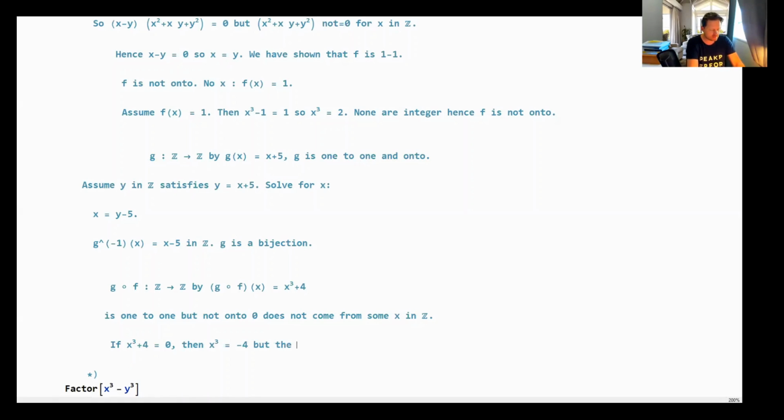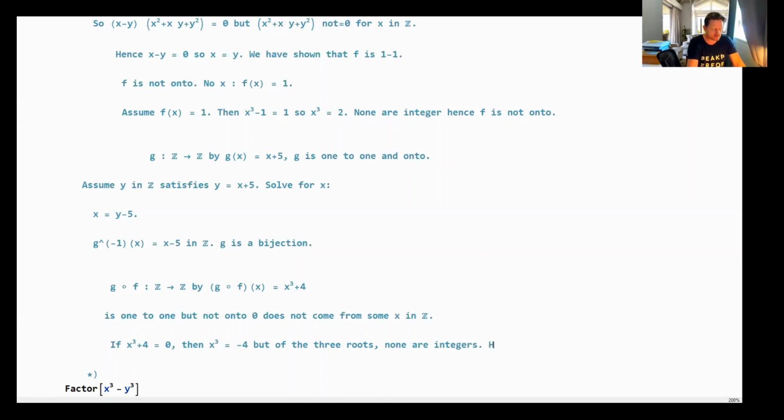But of the three roots, the three complex roots, none are integers.